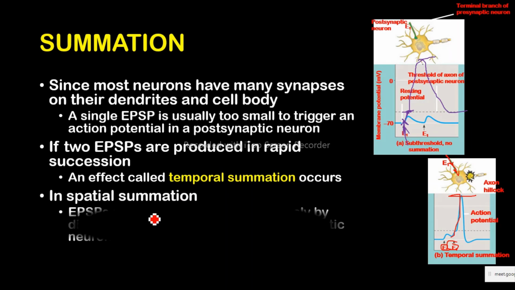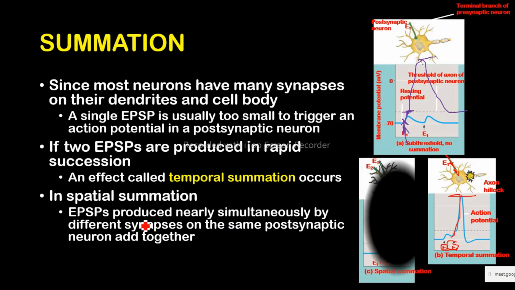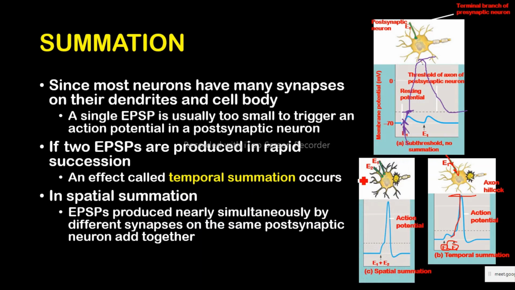So I hope you get the difference between temporal summation and spatial summation. Now in spatial summation, you make synaptic junctions with different synapses. You have this, this, this, and this.